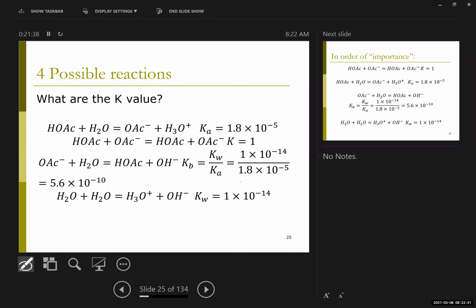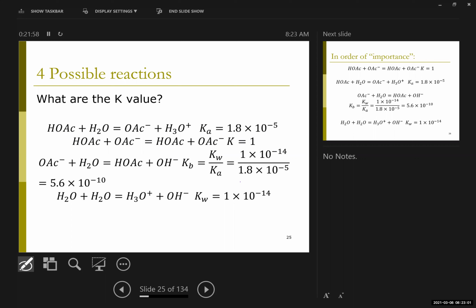The middle 2 reactions are a little less familiar. We talked about the acetate as the conjugate base reacting with water. That is technically a Kb reaction, and that's where I promised last week we'd see it again.